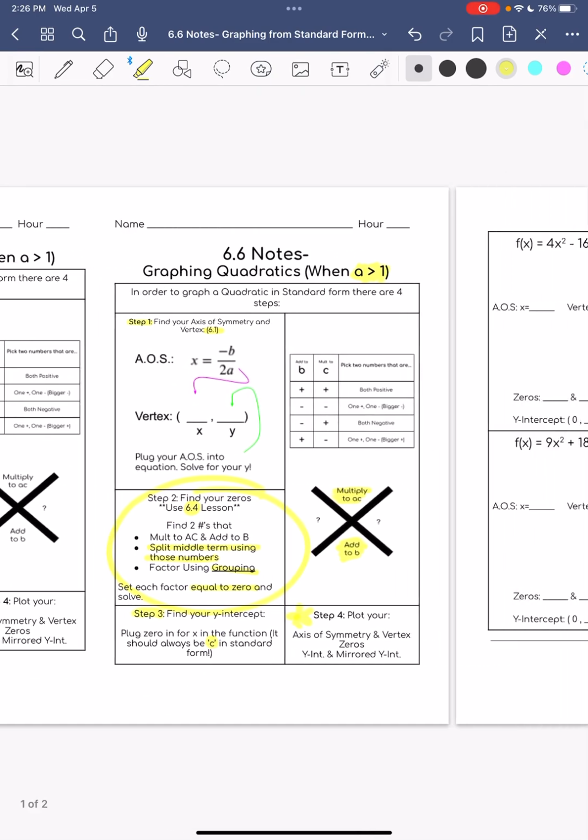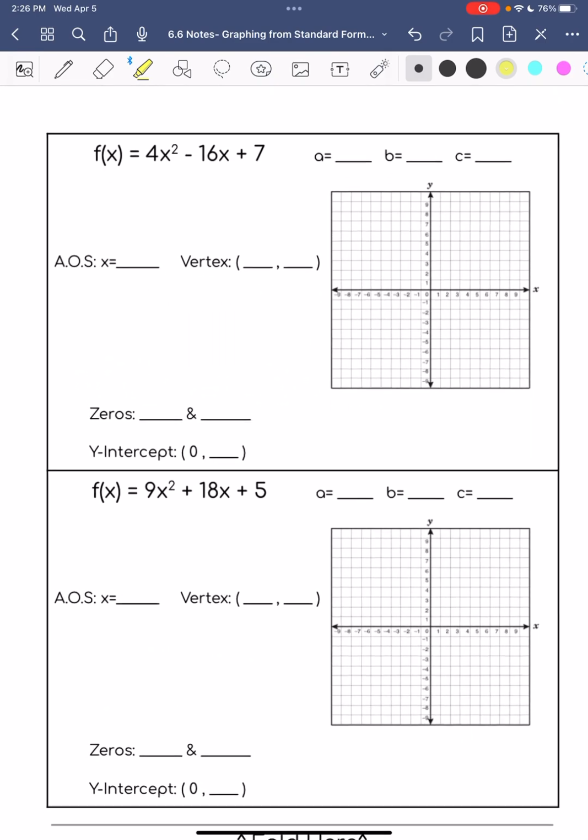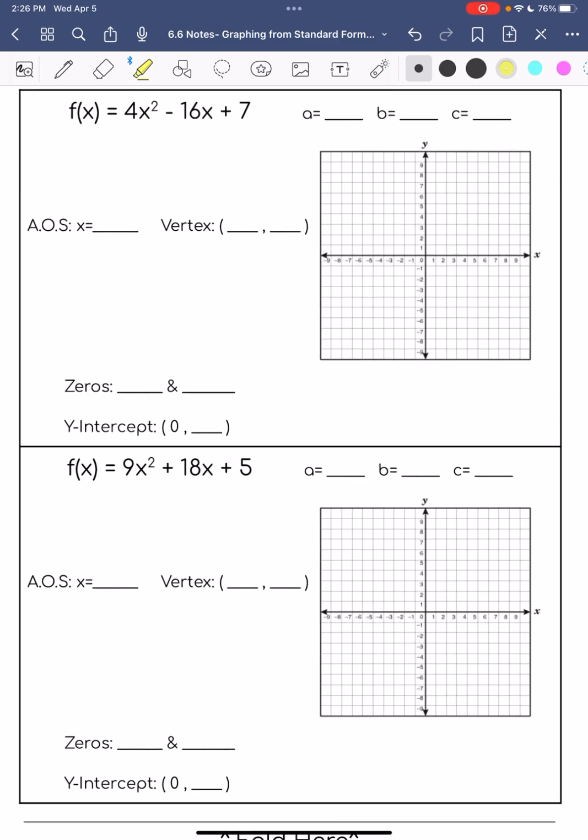Going on the back of this sheet, there's two examples. Let's do them both. From 6.1, it's the exact same as what we've been doing. X equals negative b over 2a. I should fill out these blanks first. A is 4, b is negative 16, c is 7.